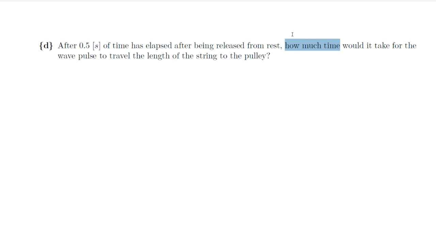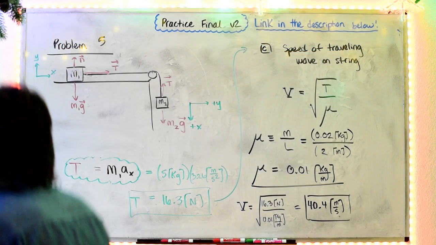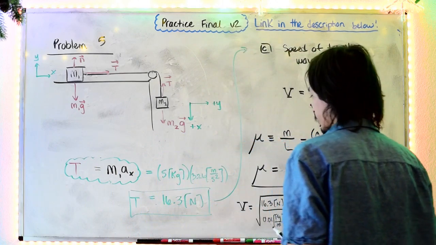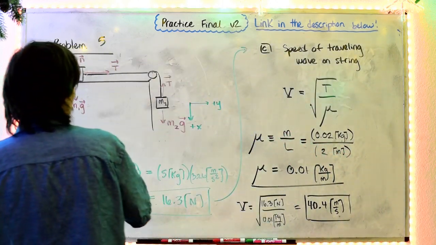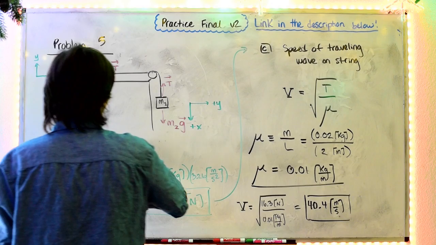So I want to know how much time based on a distance that I'm going to travel and a speed that I'm going to travel, the wave in particular. So now, finally, let's go over here.